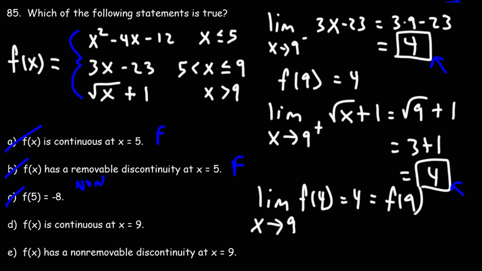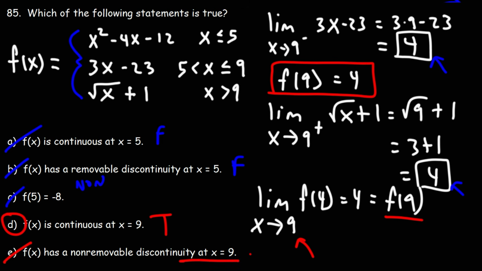So f of a is defined. The limit exists, and it equals f of a. Therefore, f of x is continuous at x equals 9. And if it's continuous at x equals 9, it does not have a discontinuity at x equals 9. So the correct answer is answer choice D.